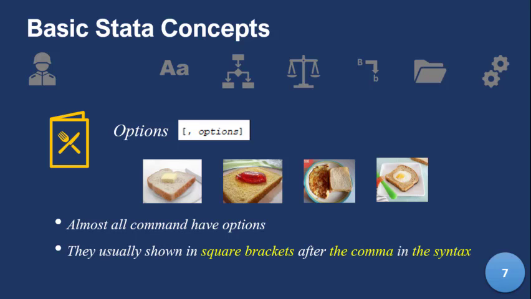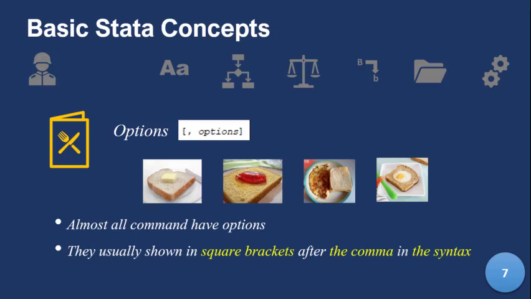The four pictures before you are a picture of bread. Bread can go with margarine or butter. Bread can go with jam. Bread can go with egg, and the egg could be fried or boiled or scrambled, whatever kind of egg.